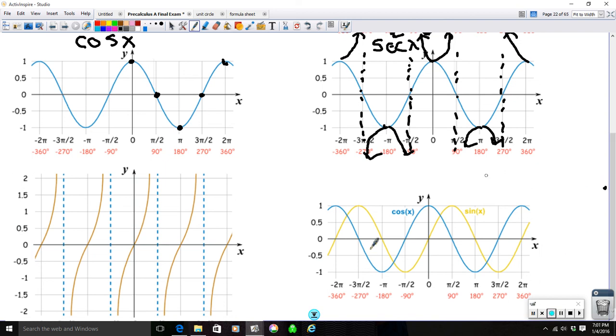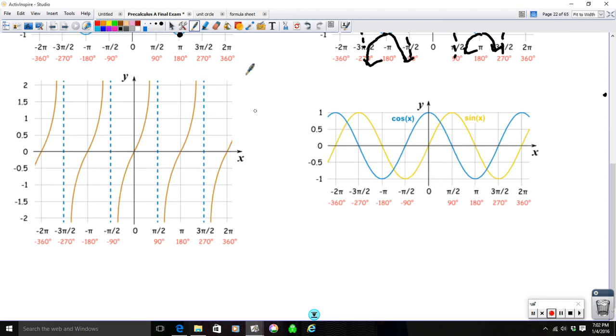Tangent. Remember, tangent is sine over cosine. So what happens here is where cosine is 0, at negative 3 pi over 2, negative pi over 2, pi over 2, and 3 pi over 2, these become asymptotes because the denominator is never allowed to be 0.